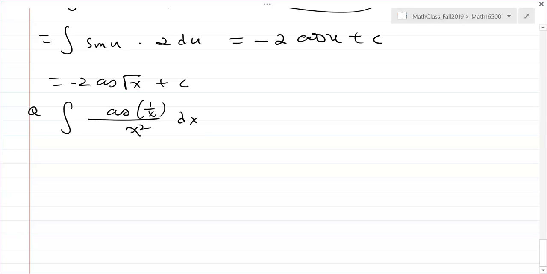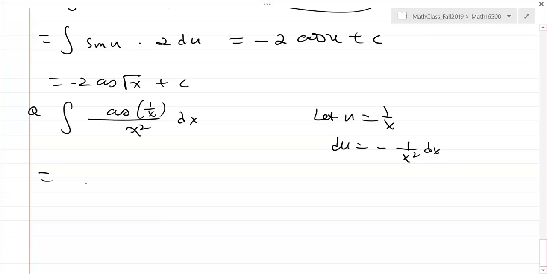Usually, you will introduce a variable for the quantity inside some function, like sine or cosine. So when you see cosine of 1 over x, it's a very natural idea to let u be 1 over x. Then du equals negative 1 over x squared dx, and that's what we want, right? dx over x squared.